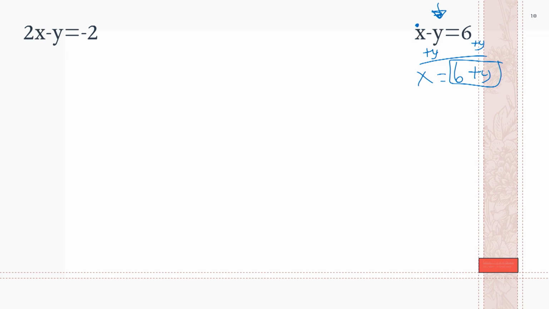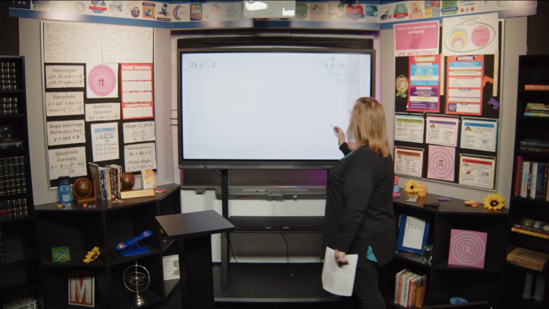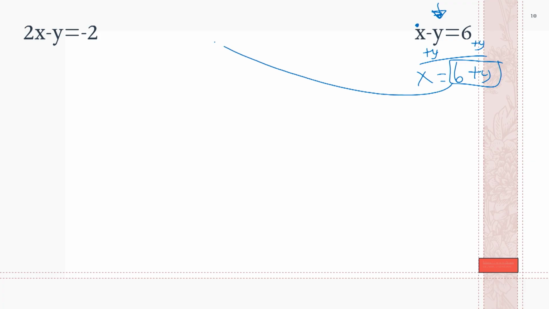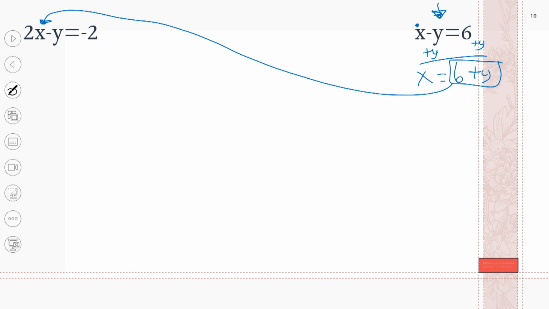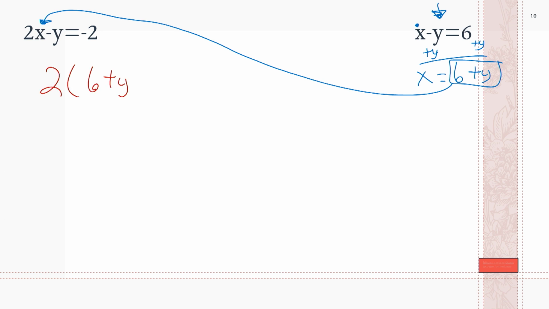Now that I know literally what x equals, I can bring this over here, and everywhere I see x, I can plug in that 6 plus y. So then let's solve this. 2 times 6 plus y minus y equals negative 2.